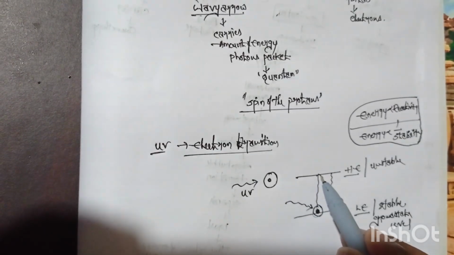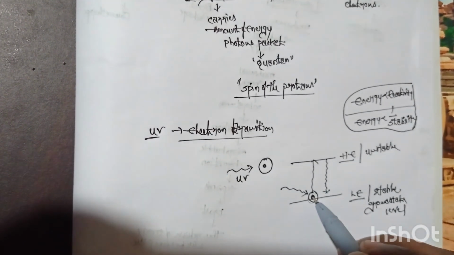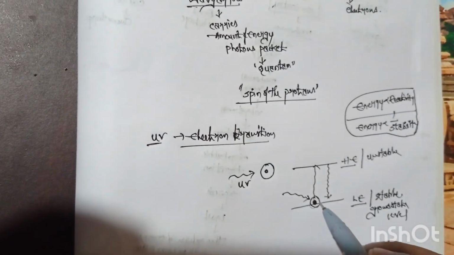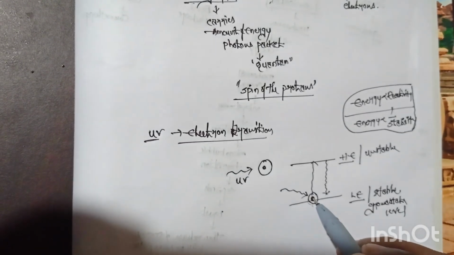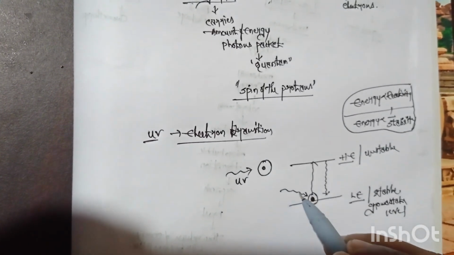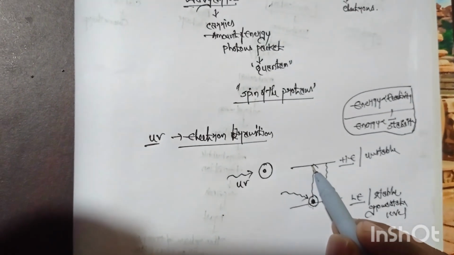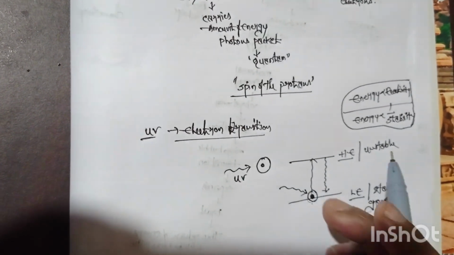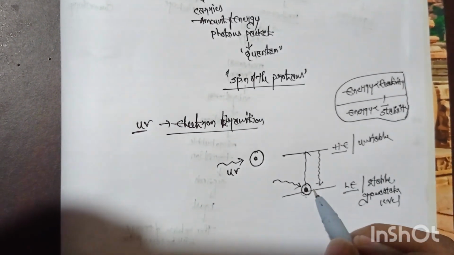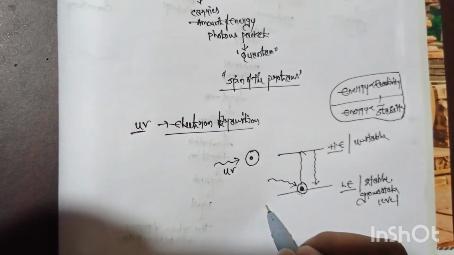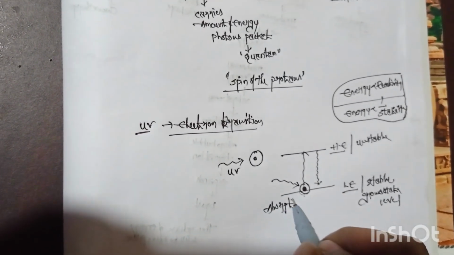So two events take place. One event: whenever the atom is in the stable state, it absorbs some energy from a radiation source and moves to the higher energy level. That is nothing but absorption.